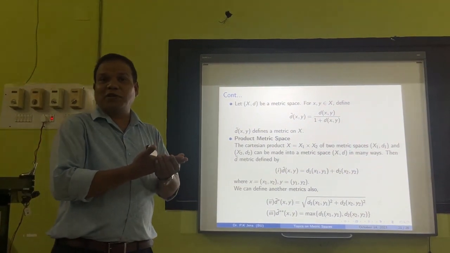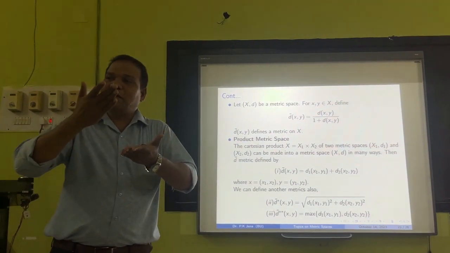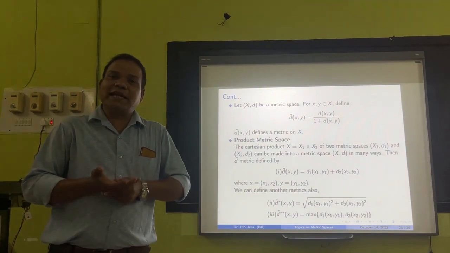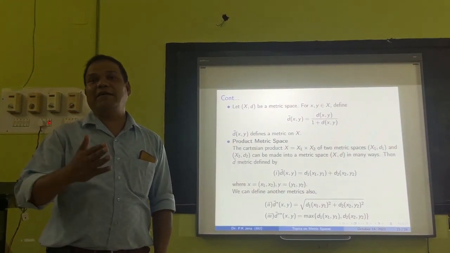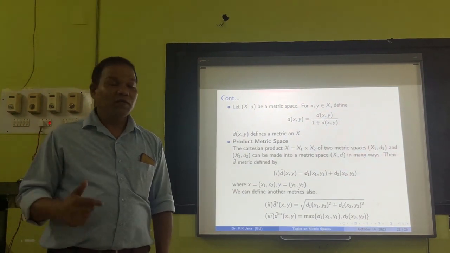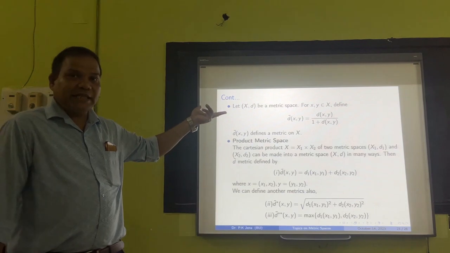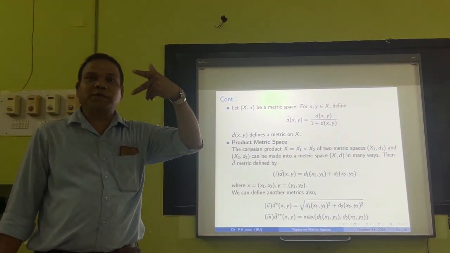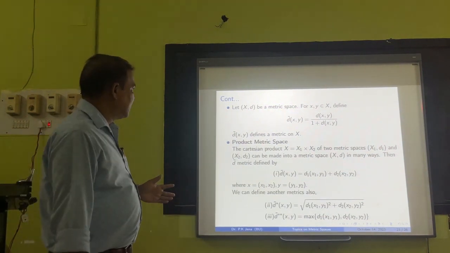I am talking about the metric which is obtained from the norm, the metric which satisfies the translation invariance property. One of the best examples is that this type of metric is not obtained from any norm because it will not satisfy the translation invariance property. Okay, we will not go to that part.